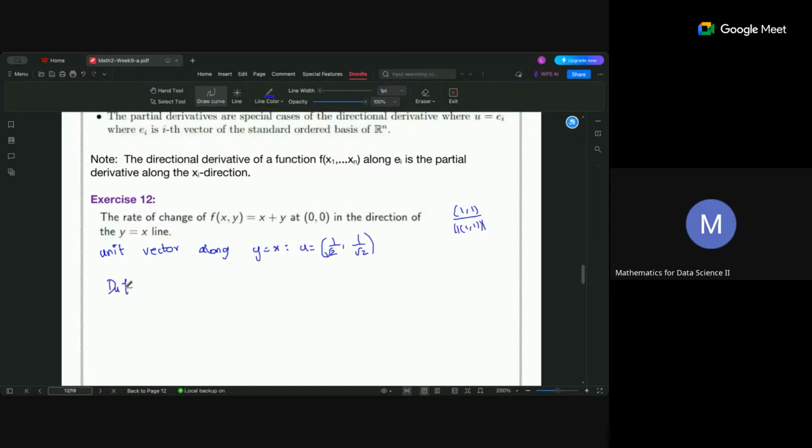So D_u f at (0, 0) is limit h goes to 0 of f of x tilde plus hu minus f of x tilde, divided by h. So what is x tilde plus hu? This is your x tilde.